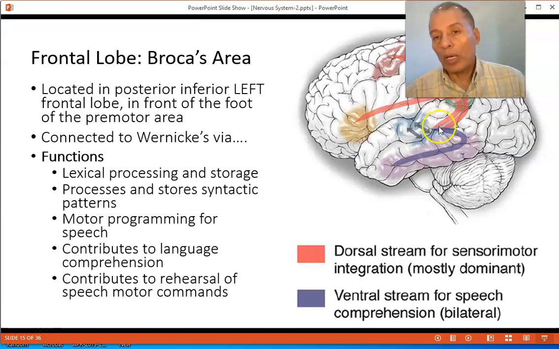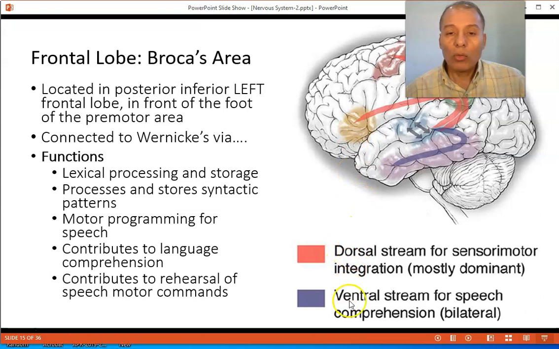Another pathway that goes underneath is called the ventral pathway. It goes down and goes to the anterior frontal lobe, to the second area of Broca's area, and it is responsible for phonological processing.